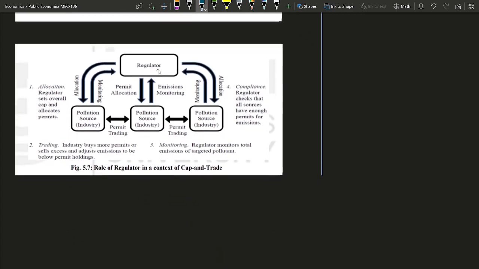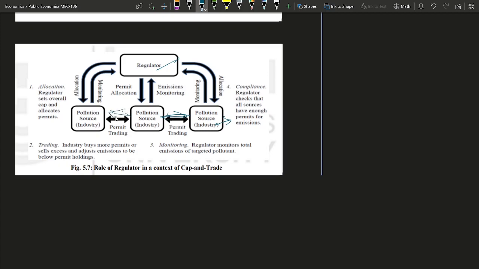There is the regulator, who is the government, who auctions these pollution rights in the market, and pollution sources, the industries, purchase these pollution rights based on their requirements, how much pollution they are going to emit into the environment. If they invest in research and development and can reduce their pollution level, then they can also buy and sell these pollution rights among themselves.